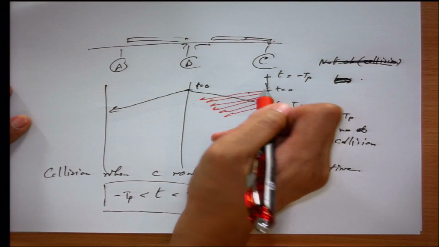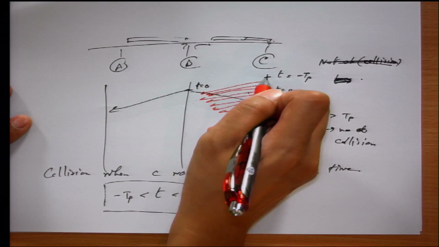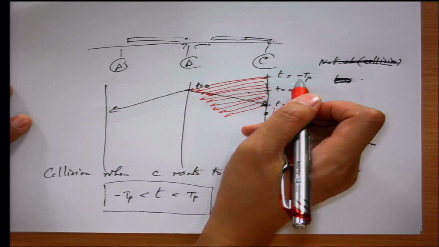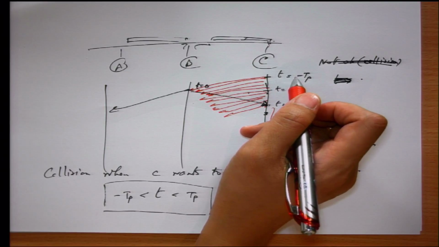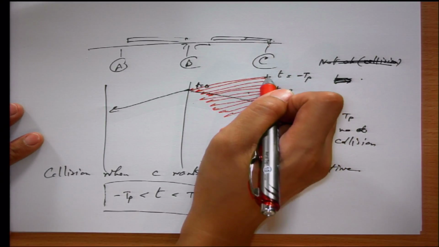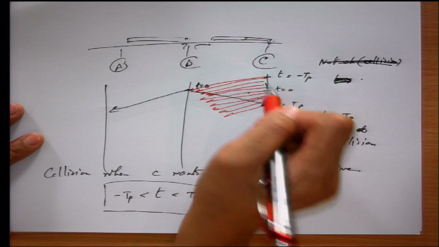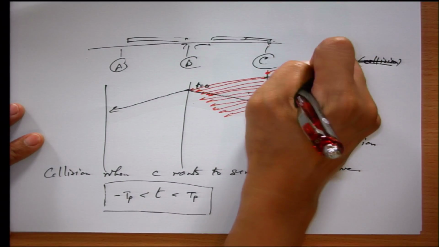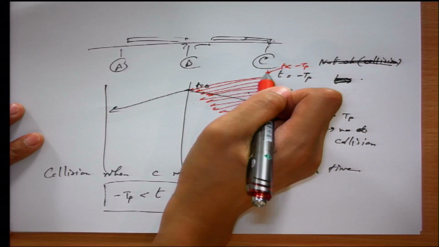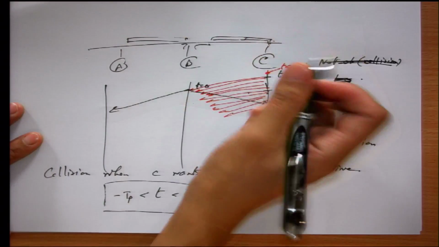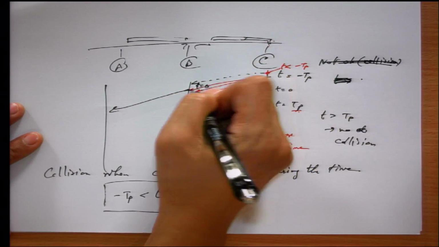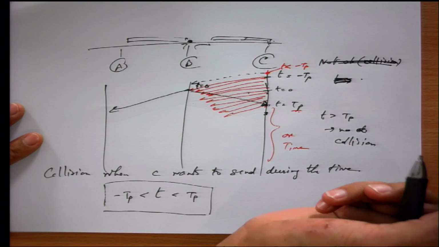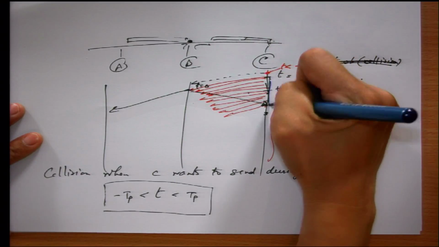If C wants to send at this point, it collides. What happens is that if C sends before this, less than minus t sub p, when C transmits over here, B will hear that there is something in the medium, so B will not transmit, so there will not be a collision. So the problem is this time.